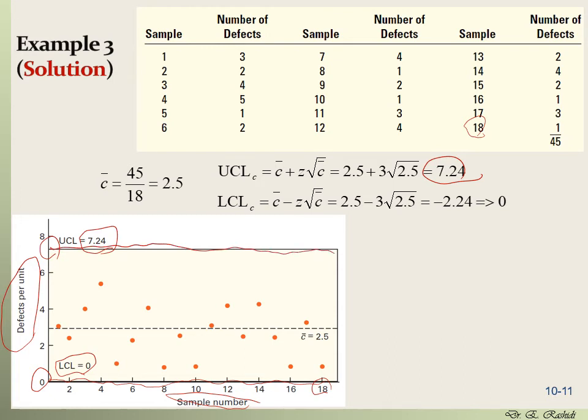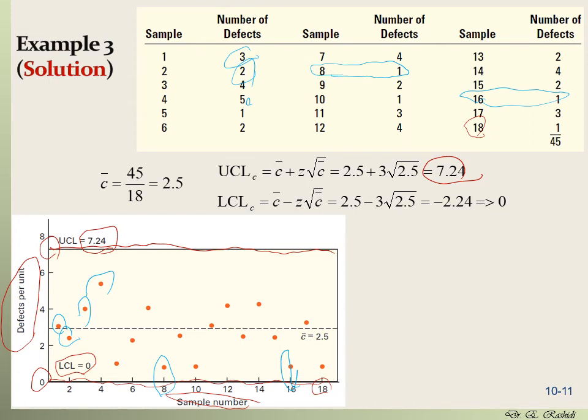And then we can plot the number of defects. We already have them for the samples, and we're just gonna plot them here. For example, for the 8th sample, the number of defects is 1, so 8 is equal to 1. Or for example, the 16th one is also 1, so 16 is 1.